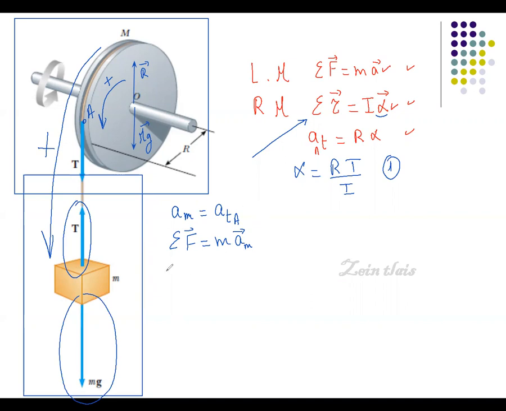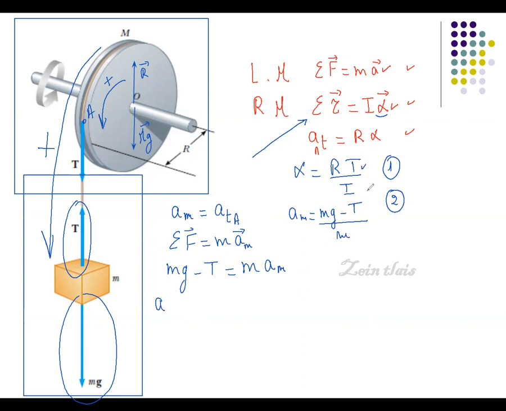We can say plus mg minus T equals ma. Here A is am. So we can write here the second equation, am equals mg minus T divided by m.